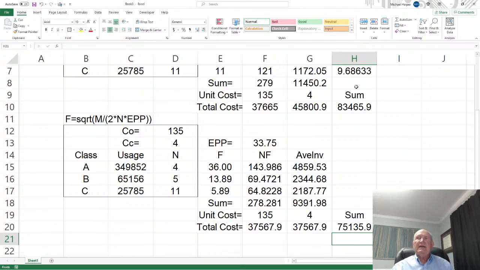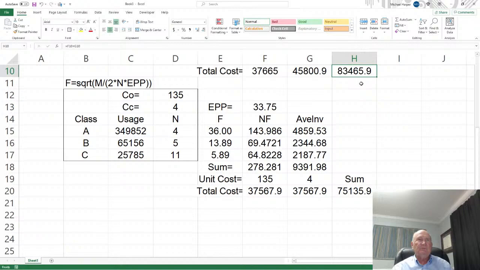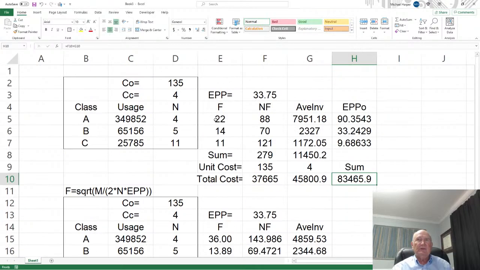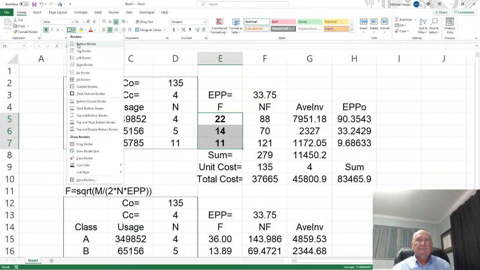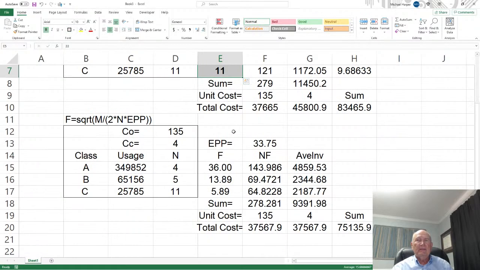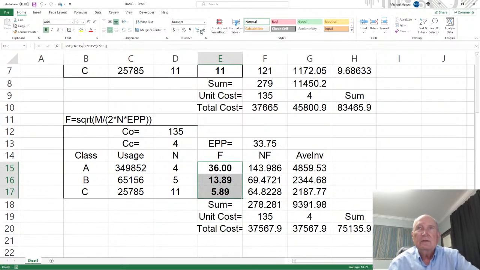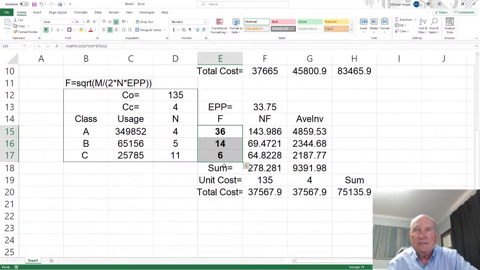Okay, and you can see how much we've decreased. This much was for the 22, 14, 11 policy, and then the optimal policy here, which we could reduce, as I said before, to 36, 14, 6.